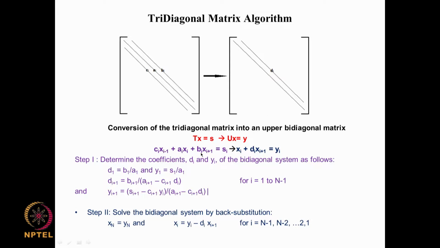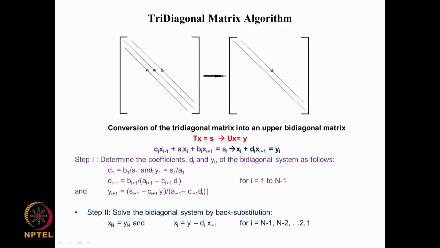Now we have also derived steps by which we can obtain the values of di and yi from the known Tx equal to S, that is the known values of Ai, Bi, Ci and Si.